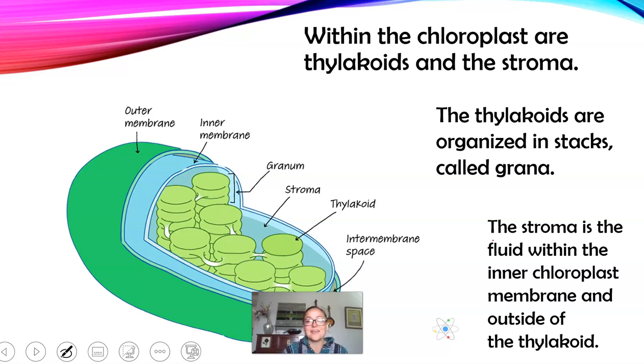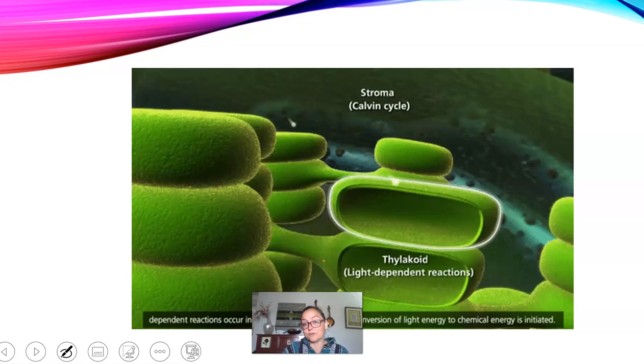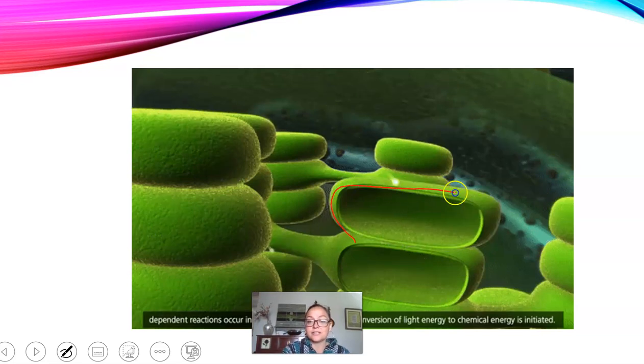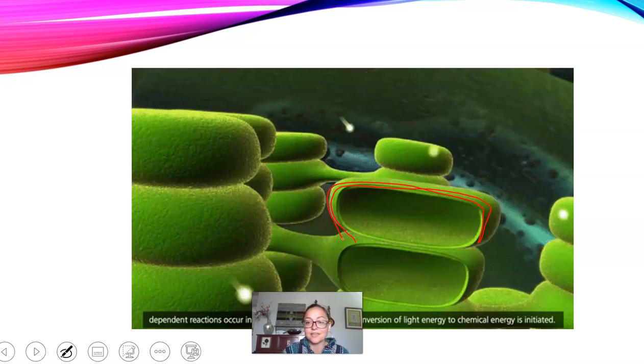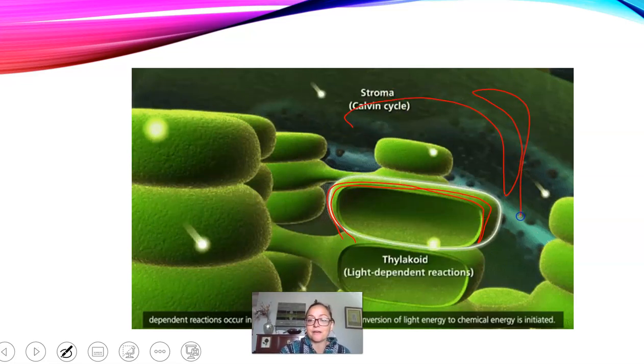The chloroplasts, within them, they have the thylakoids. These are the thylakoids, and around the thylakoids, you have the stroma. And that is where the light and dark reactions happen in photosynthesis. So here is the thylakoid membrane. You can see little photons of light here in this GIF. And then in the outside spot, you have the stroma.